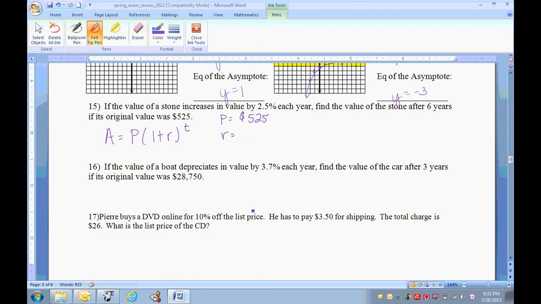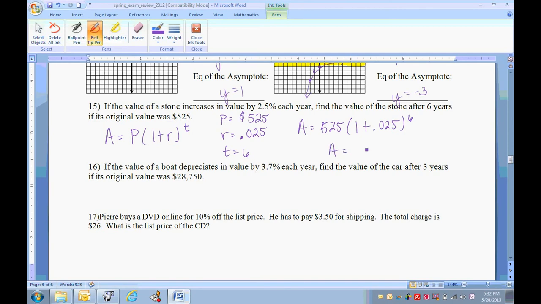R is the rate at which it's increasing, which is 2.5%, but we have to convert it to a decimal, so that's going to be 0.025. And then the t value is 6. So A equals 525 times 1 plus 0.025 raised to the 6.